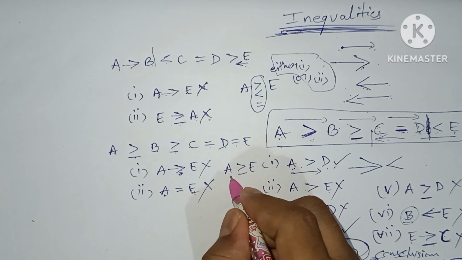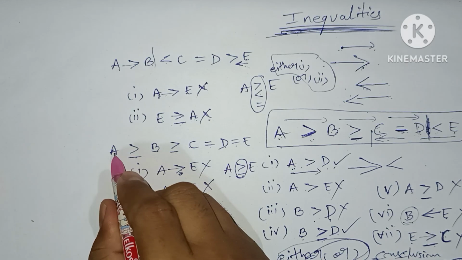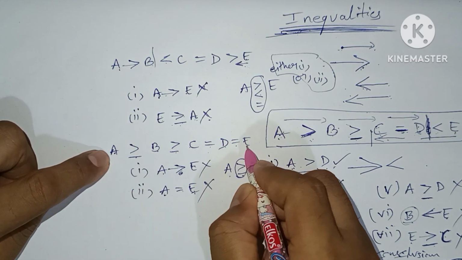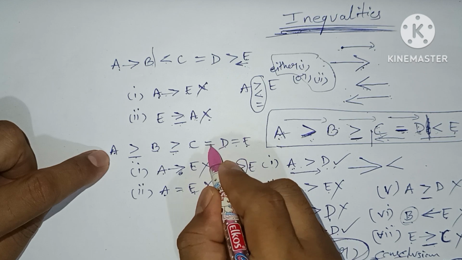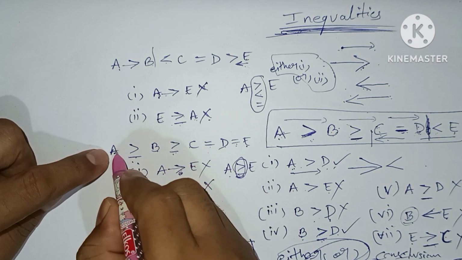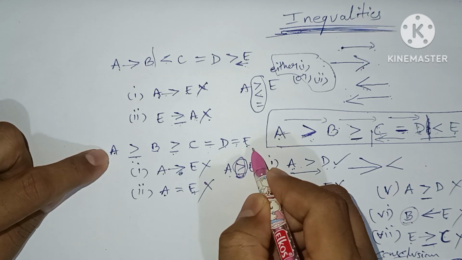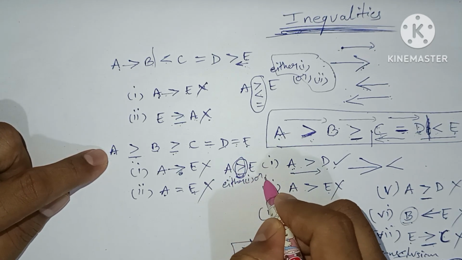Combining these two we get a to e with everywhere equal to, and we see the same symbol in between the flow from a to e. We have flow with equal to, equal to, and equal to, so this satisfies the given statement. So in this case also the answer will be either 1 or 2.